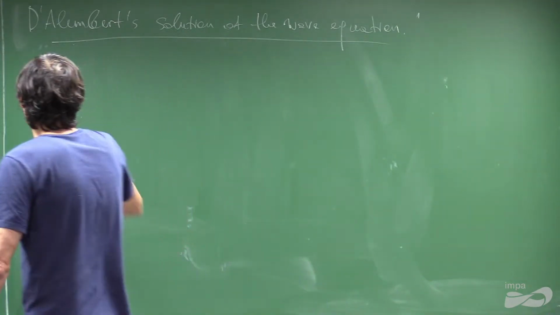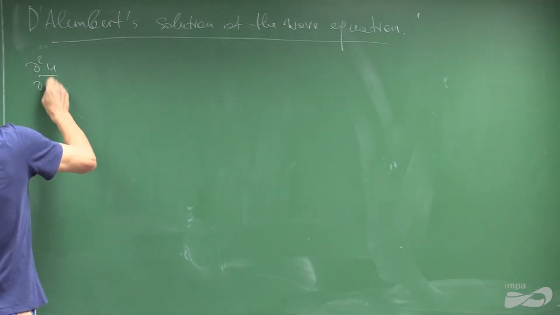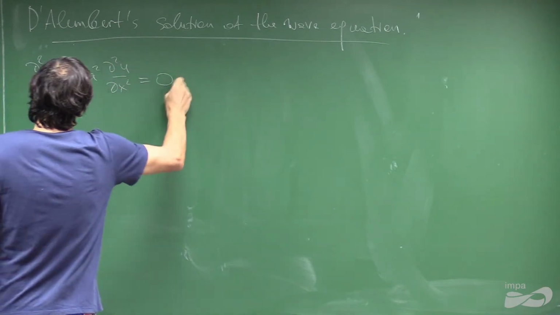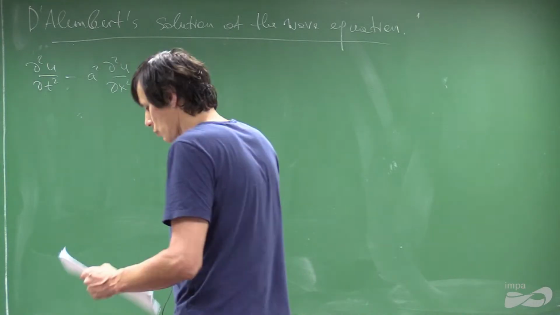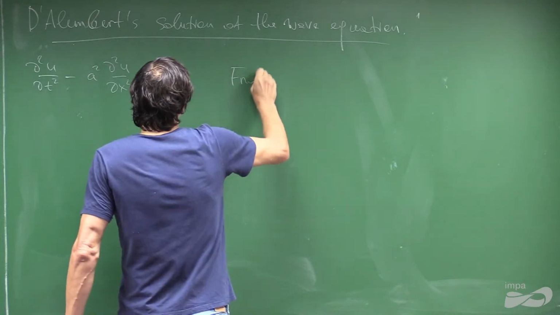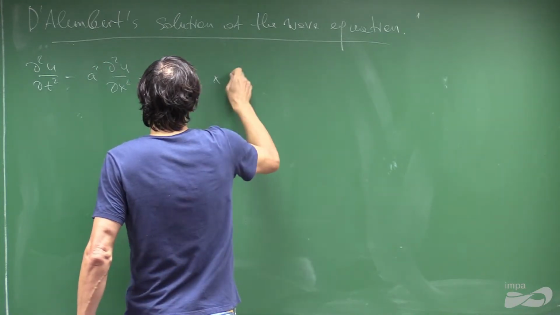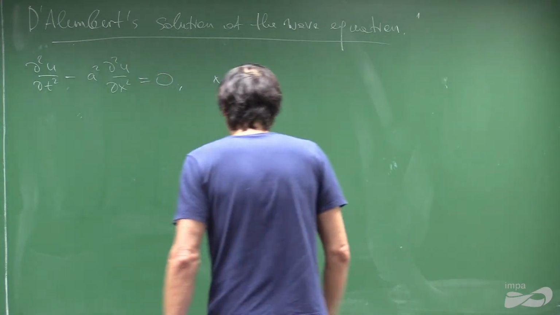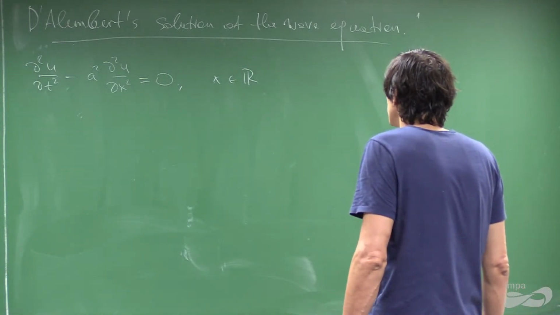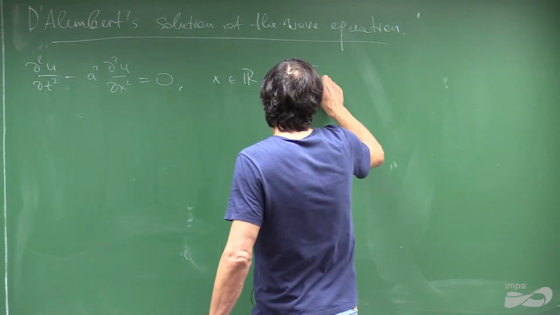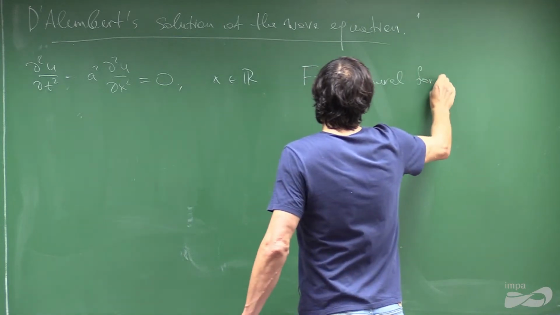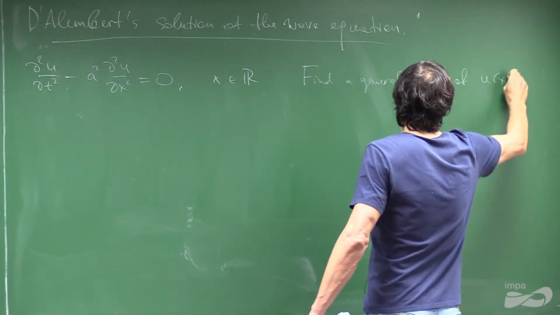We want to solve in one dimension. One of the ways to solve it: we consider x as a full space, so there are no limits on the left or right, and we want to find a general form of the solution.